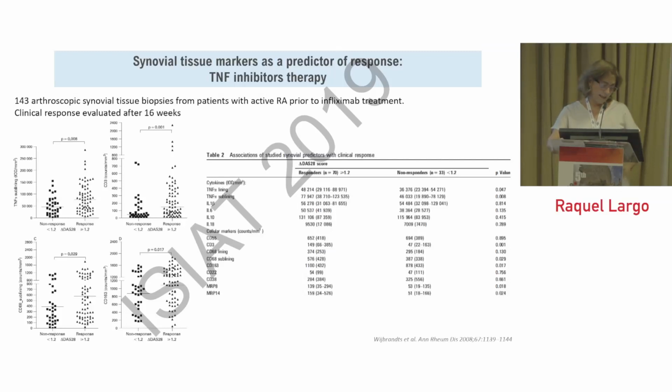As you can see here, the responders have a higher presence of this pathway in the synovial tissue at baseline, while the presence of other pro-inflammatory cytokines was not different between responders and non-responders.